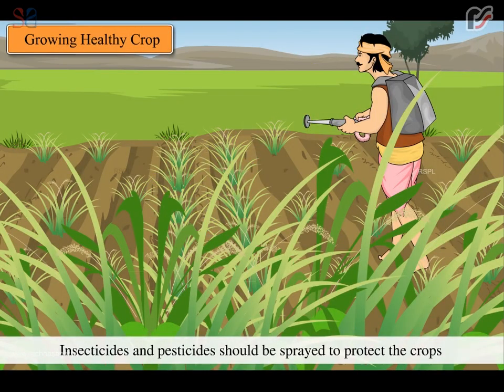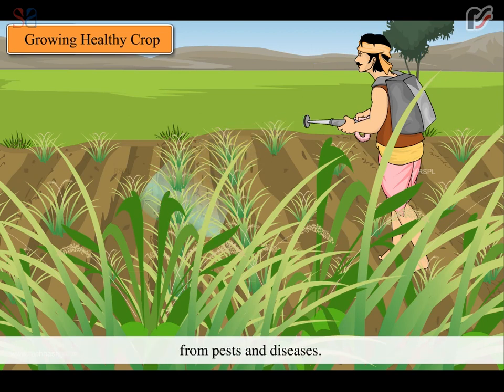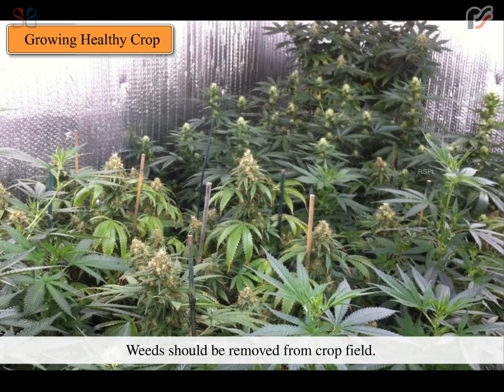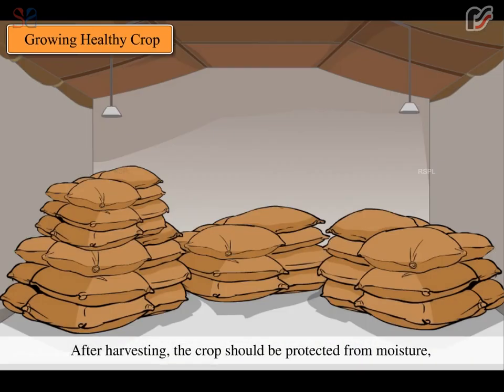Insecticides and pesticides should be sprayed to protect the crops from pests and diseases. Weeds should be removed from the crop field. After harvesting, the crop should be protected from moisture and small animals like insects, rats, squirrels, birds, etc.